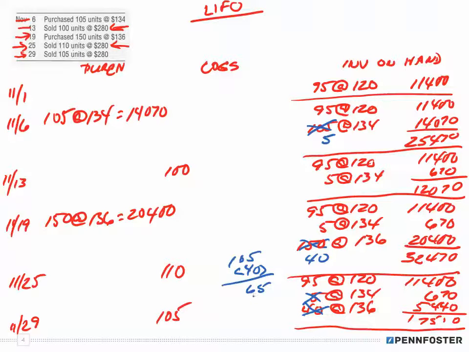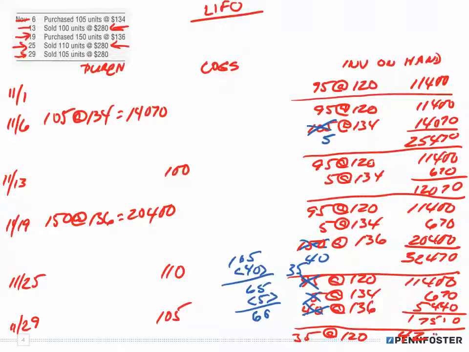Well, there was that 5, so we have to get rid of those 5. So we still have to get rid of 60. So out of the 95, we're going to get rid of 60, which means we still have 35 left in inventory, right? So our inventory on 11.29 is 35 at 120, which gives me $4,200.